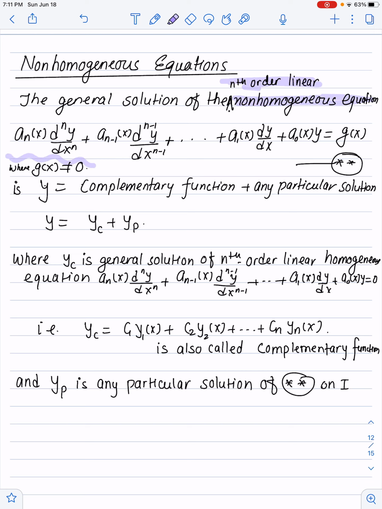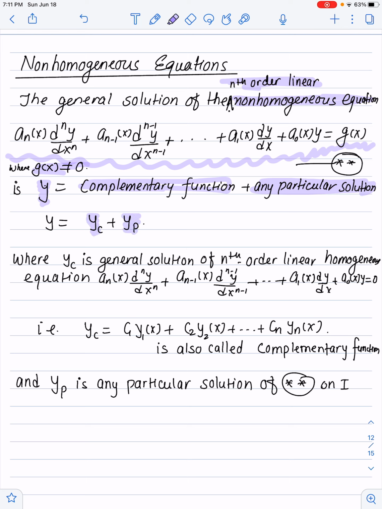This is an nth order linear non-homogeneous equation because g of x is not equal to 0. The general solution would be y equals complementary function plus any particular solution. So we always have two types of solution. We usually denote yc, that means complementary function, plus yp, particular solution.